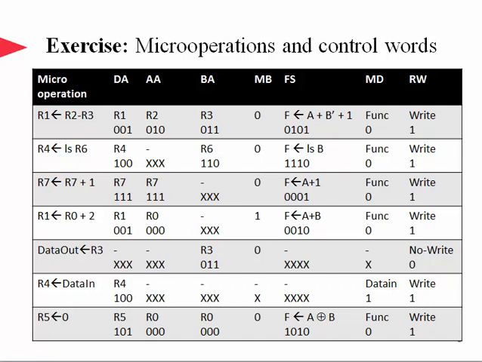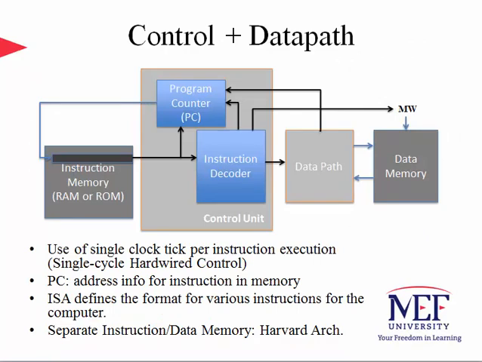And finally, we set RW to 1 to write the output on bus D, and then to register R1. As you can see with this microoperation, the code word has no don't cares. But with other microoperations, you may have those don't cares. In that case, you can simply assign any logical value to those don't cares since the outcome of the Datapath will not change. Let us have a short introduction to the control unit and its relationship with the Datapath.